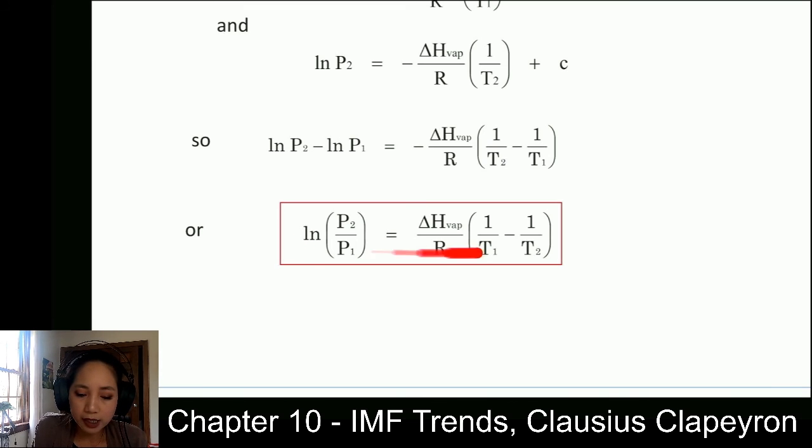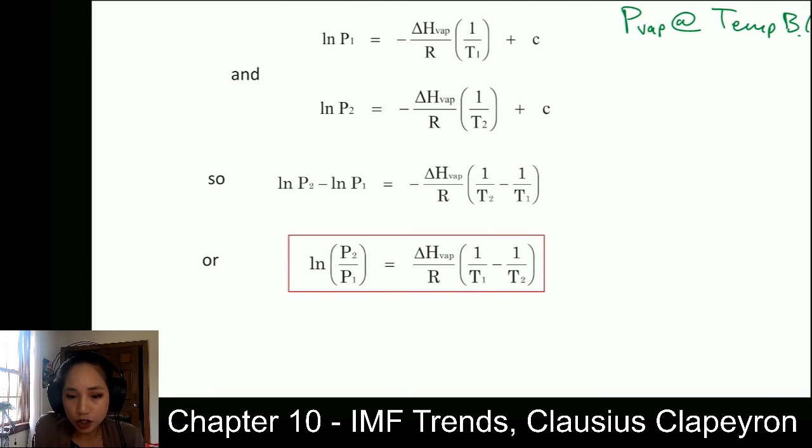So you can see how this looks similar to the previous one where we looked at the Clausius-Clapeyron equation as a y equals mx plus b line, but we can also say through mathematical manipulation that the natural log of the ratio between the vapor pressure at temperature 2 over the vapor pressure at temperature 1 equals the enthalpy of vaporization over R times 1 over T1 minus 1 over T2.